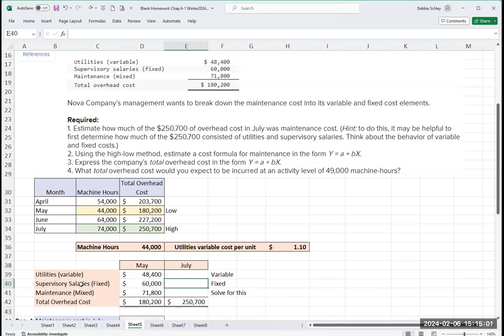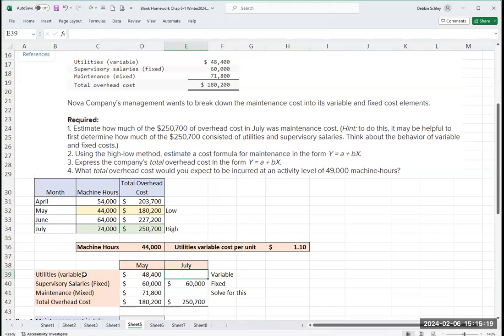Supervisory salaries is a fixed cost, and it's 60,000 in May, so it's going to be 60,000 in July. So I have 2 of my 3 numbers that I need here.